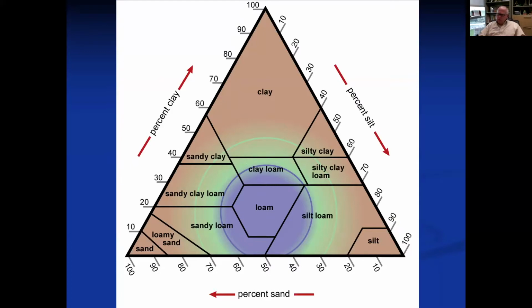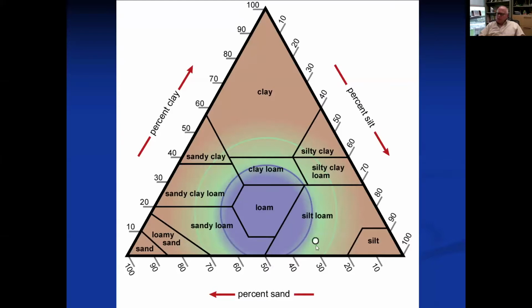But you'll notice that around that loam category, there's all kinds of other named soil types that have loam in their name. So these have loamy properties that are also quite desirable for use in a plant supporting system.